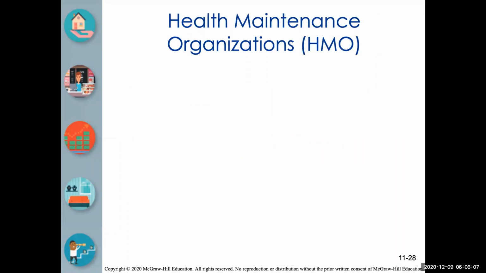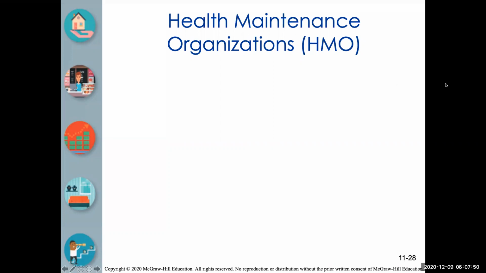Okay. So when we think about the two different types of providers, private providers, we're going to start the conversation by talking about HMOs, or health maintenance organizations. So HMOs are what we call managed care.